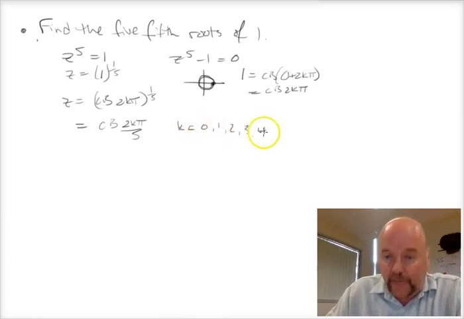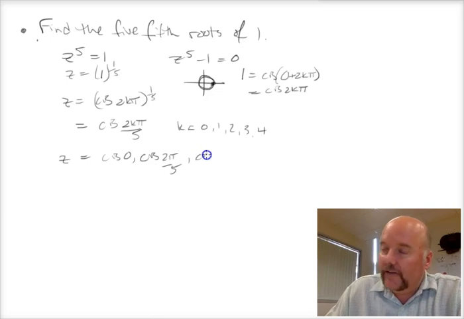There's 5 numbers there. If you put in 0, 1, 2 and so on, it actually lists all the solutions. So we get cis 0, which is really just 1, cis 2 pi over 5, cis 4 pi over 5, cis 6 pi over 5, and cis 8 pi over 5.